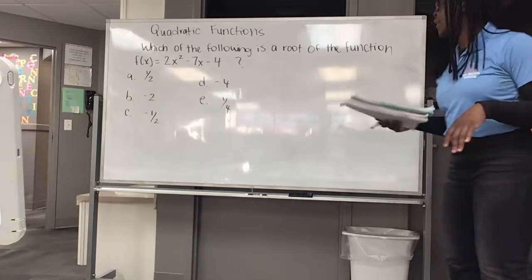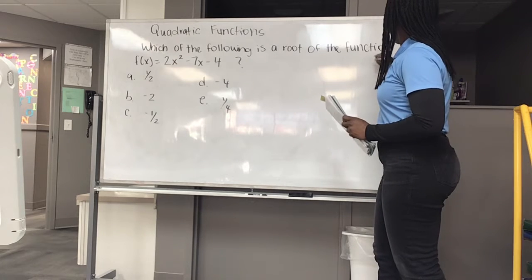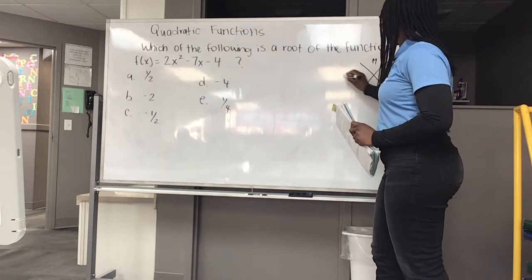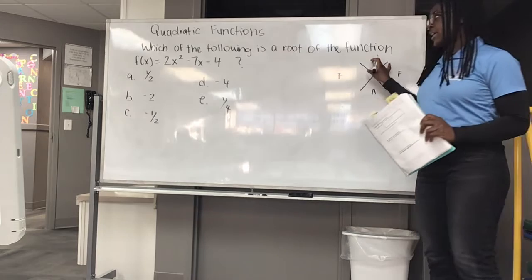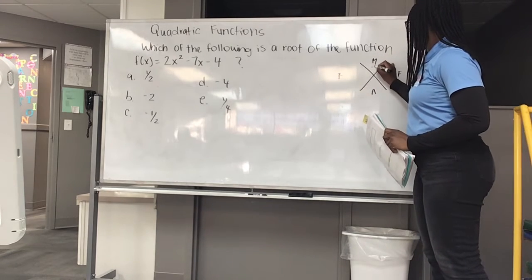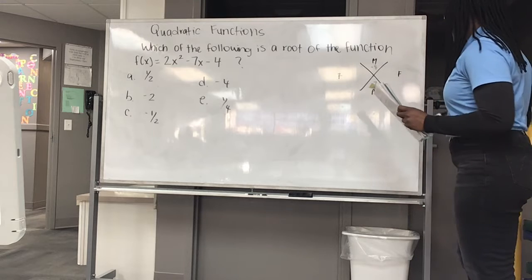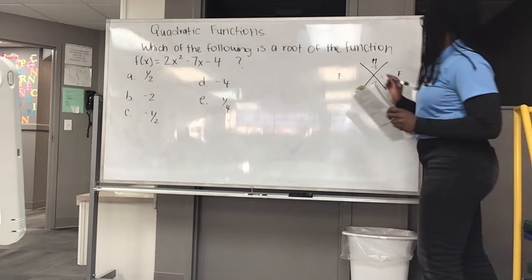Okay, I'm going to start going over it, so I'll do it by hand. Let me draw my little X again. Two numbers that multiply to -8 and add to -7. Those two numbers would be -8 and 1.